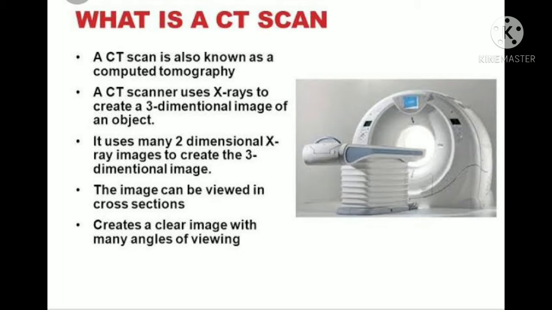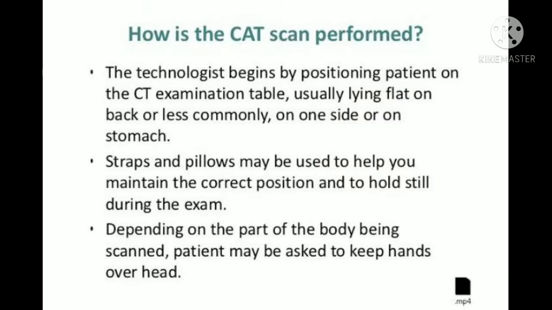Together they form a three-dimensional image of the patient that allows for easier identification and location of basic structures as well as any abnormalities. That's all, students. Now we are going to discuss the second one.